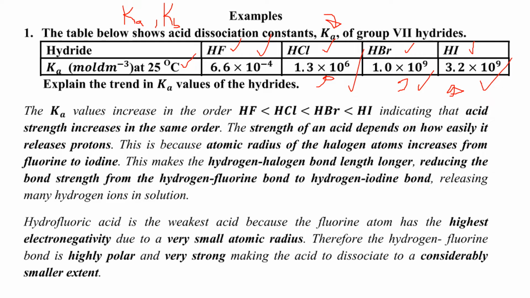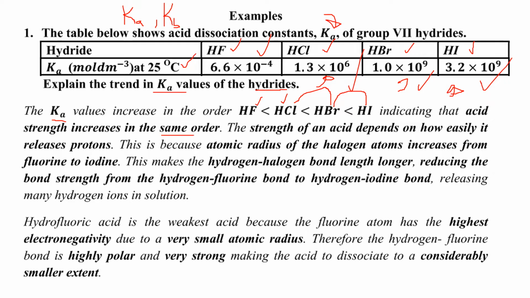Explaining the trend of the ionization constant values of the hydrides, the ionization constant Ka values increase in this order: the ionization constant of hydrogen fluoride is less than that for hydrogen chloride, which is less than that for hydrogen bromide, which is less than that for hydrogen iodide, therefore indicating that acid strength increases in the same order.